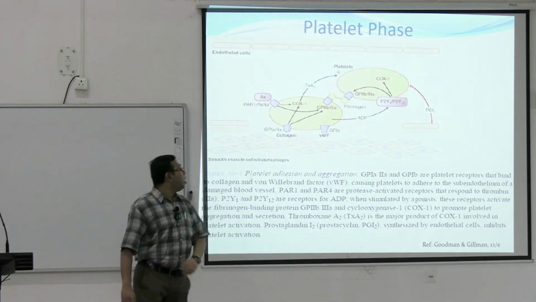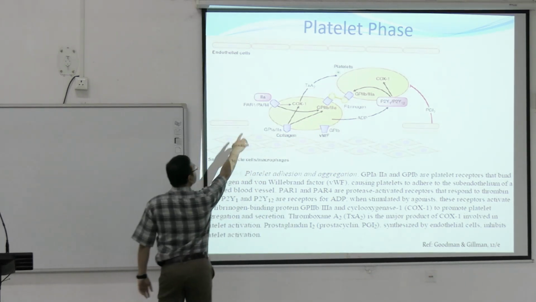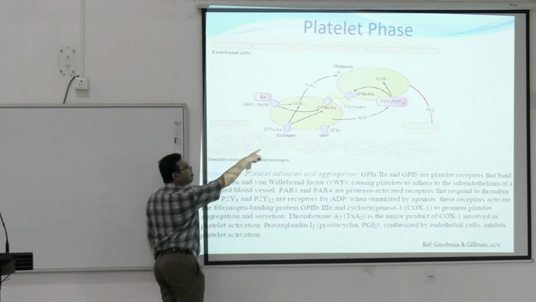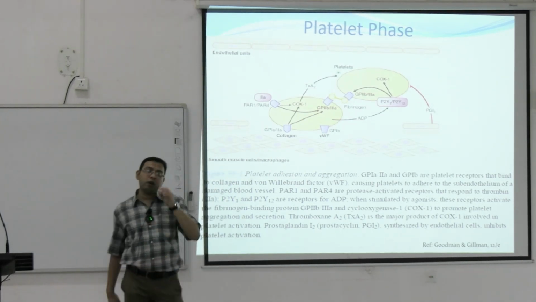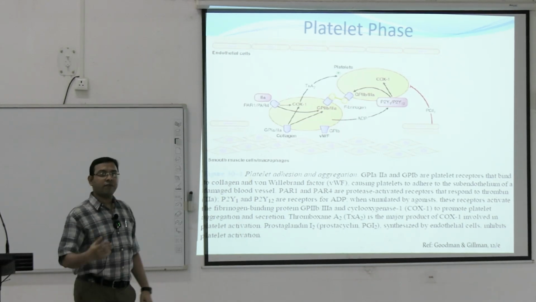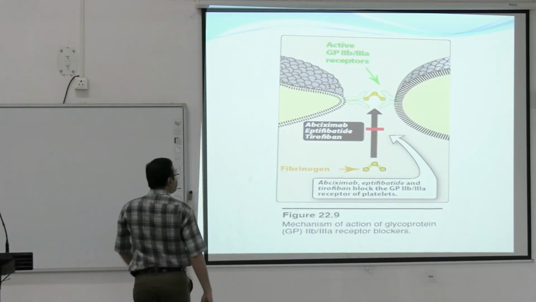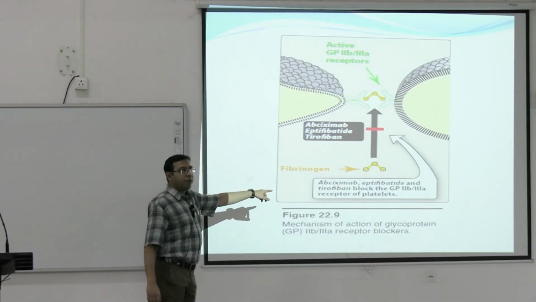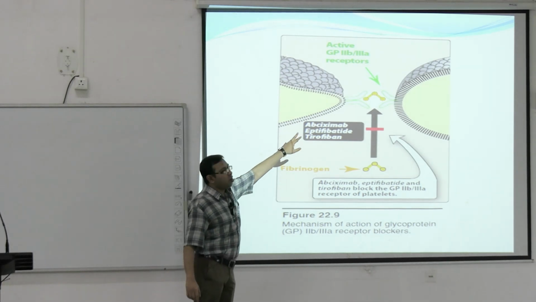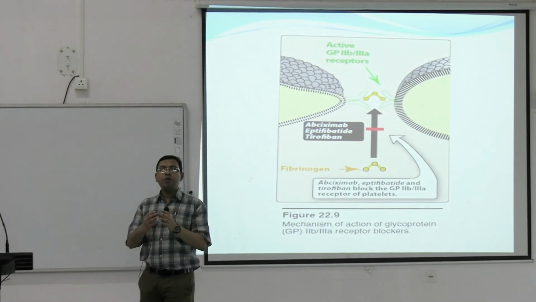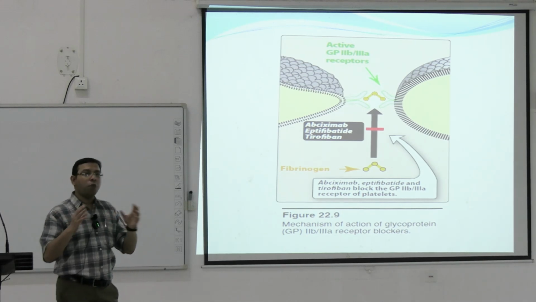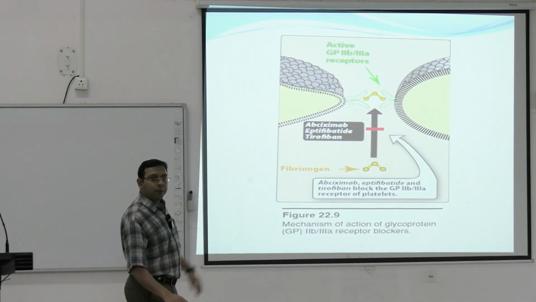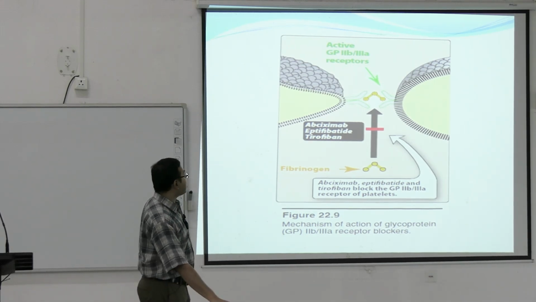And these are the other agents, the ADP, the collagen, the thromboxane A2. These are the other co-aggregatory molecules that are needed for platelet activation. So abciximab, eptifibatide and tirofiban block this GP IIb/IIIa so that there will be no fibrinogen bridge between the GP IIb/IIIa of two platelets. So ultimately this is the mechanism of action.